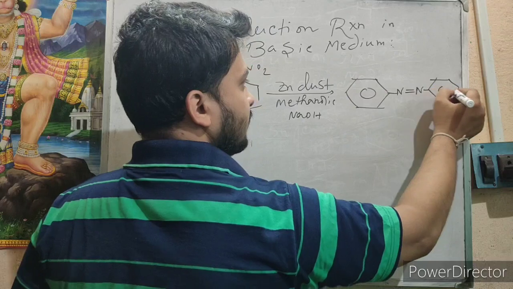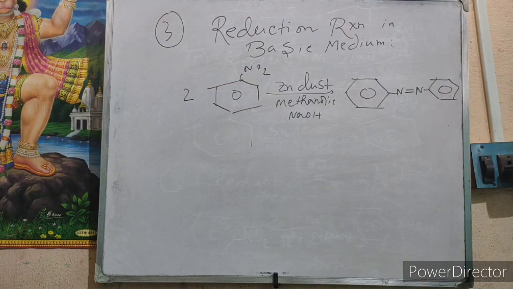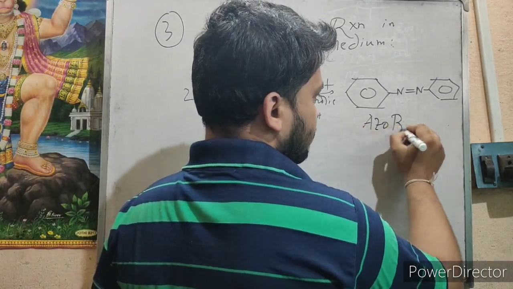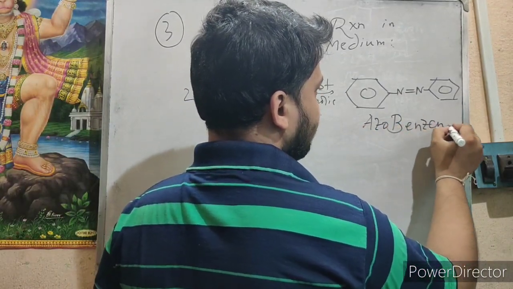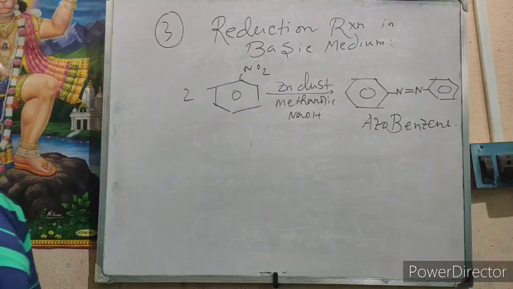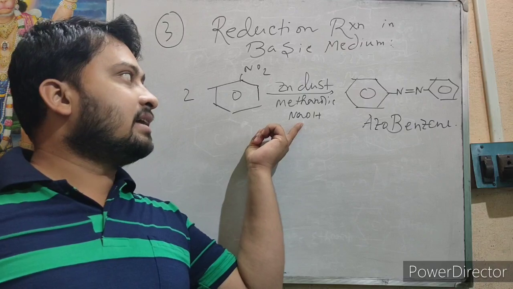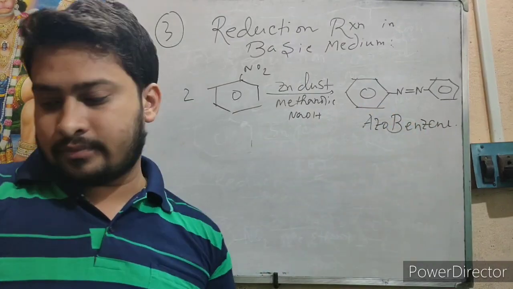It gives you the coupling product. This is called azobenzene. So you have nitrobenzene, then you use Zn dust, you get azobenzene.